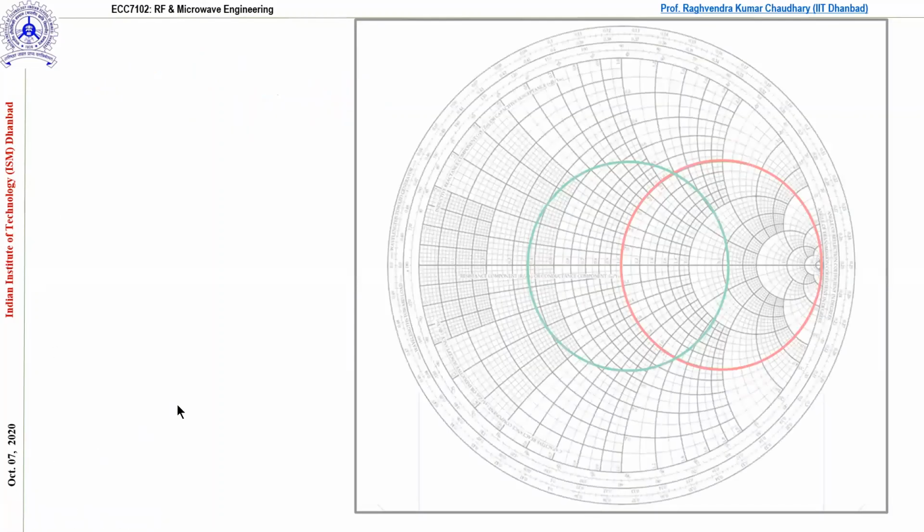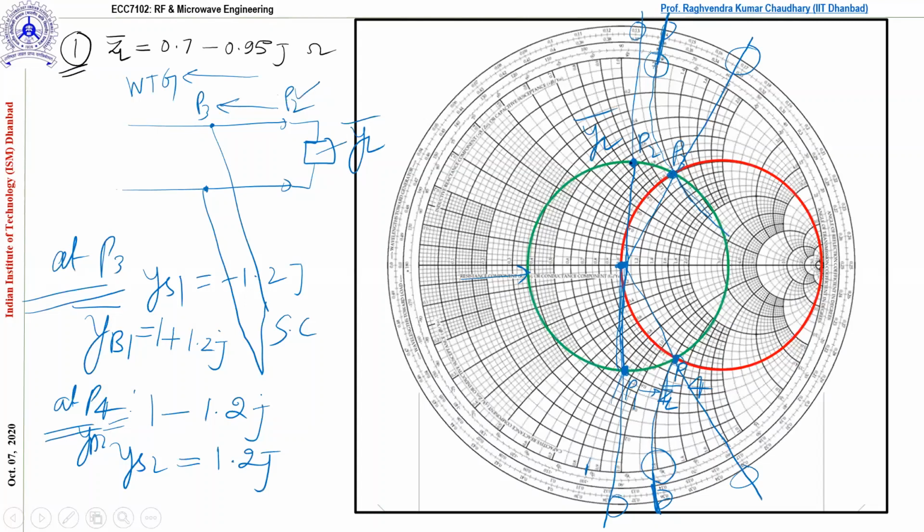Another step is the solution for position D. Correct? How will we find the position D? We have moved from P2 to P3, this distance. How will you find this distance? On the wavelength towards the generator scale. This is the P2 point you need to read, and this is the P3 point.